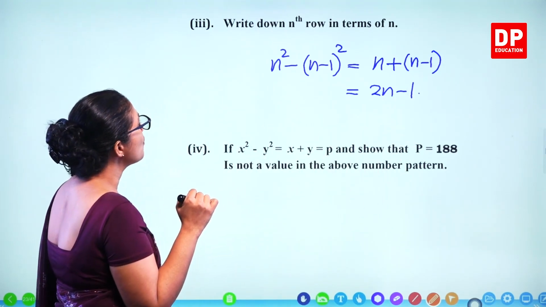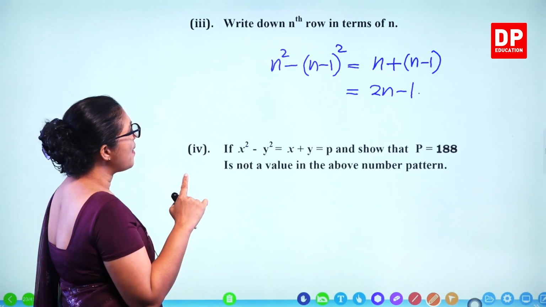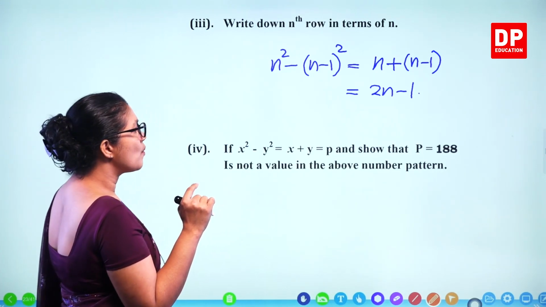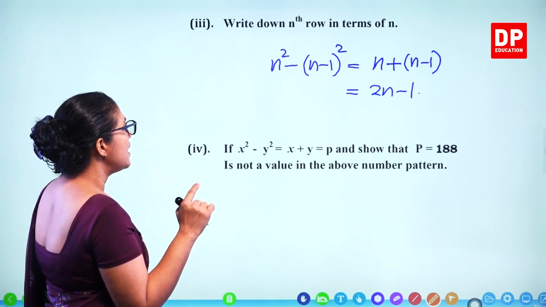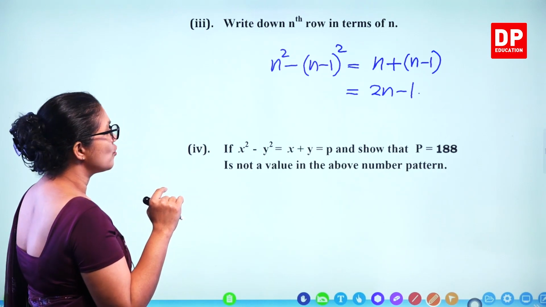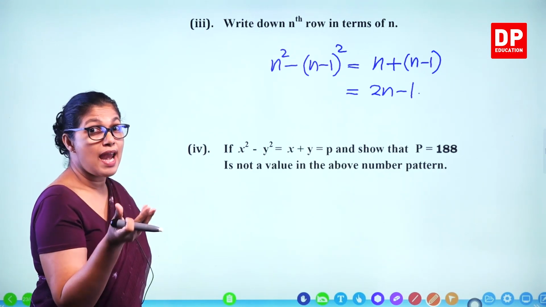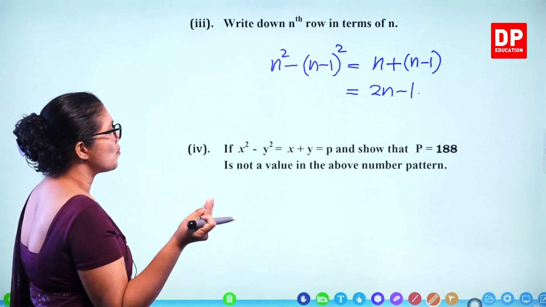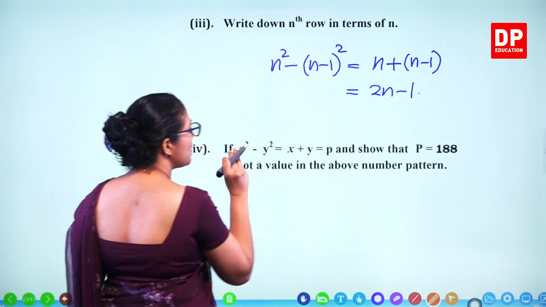That's the nth row. If x squared minus y squared is x plus y equals p, show that p equals 188 is not a value in the above number pattern. So that means we need to find out n, but n is a fraction. That's why 188 is not in the pattern.